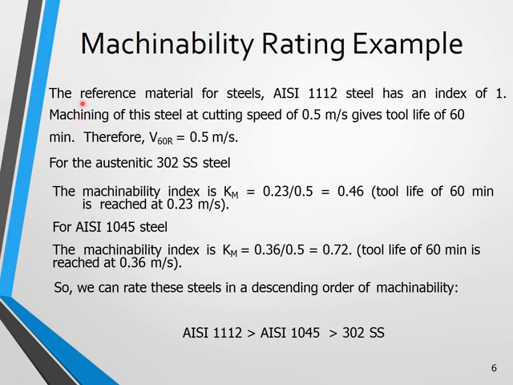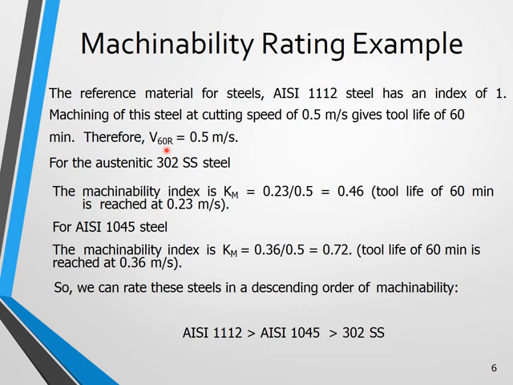But to compare this reference material with other materials, we need to find out its V60R. So V60R for this AISI 1112 steel, we have found to be 0.5 meter per second.